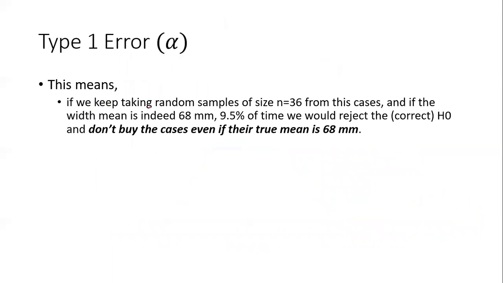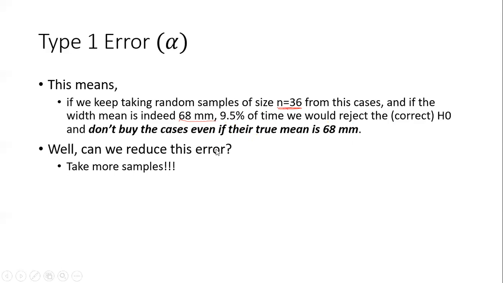Another interpretation of this alpha: if we keep taking random samples of n equal to 36 from these cases, and if the true mean is in fact 68 millimeters, so if the factory in China is really producing with 68 millimeters, 9.5% of the time, or almost 10% of the time, we would reject the correct H0 and not buy the cases, even if the true mean is 68 millimeters, okay?